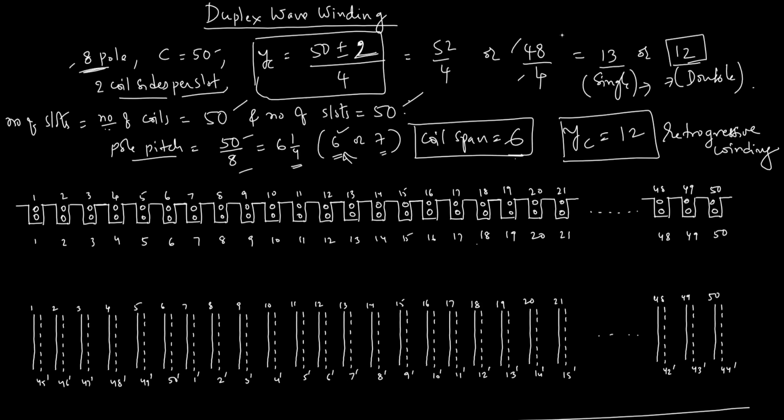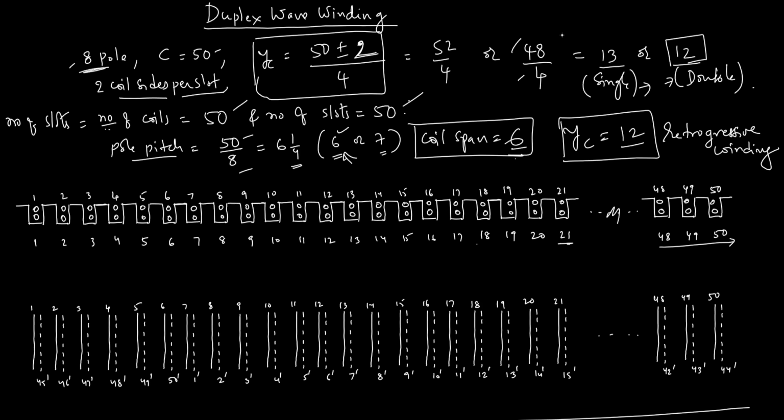Now we have decided the commutator pitch to be 12 and coil span to be 6. Now I have shown the slots 1 to 2 and so on up to 50 like this. Okay, so there is a break here. And each slot is occupying 2 coil sides.